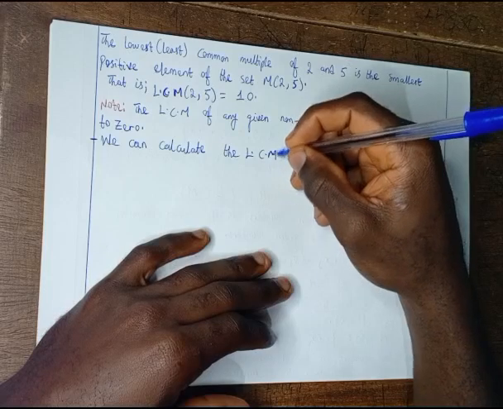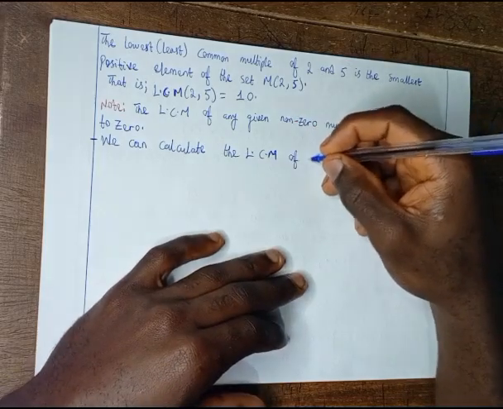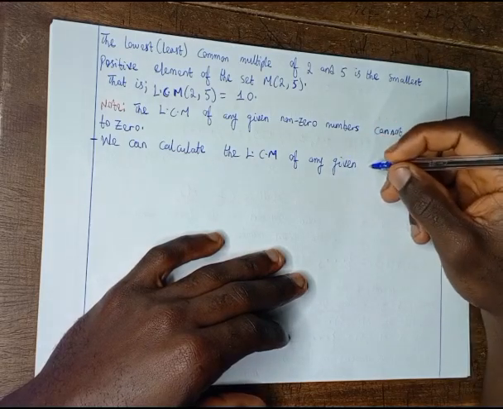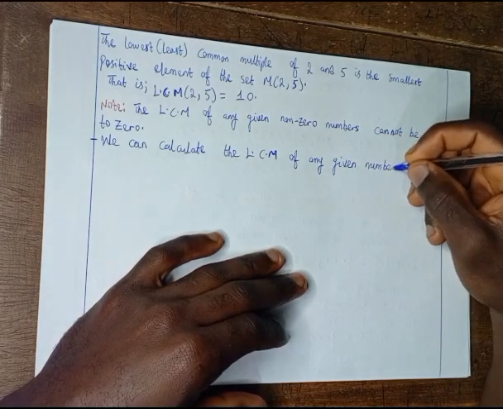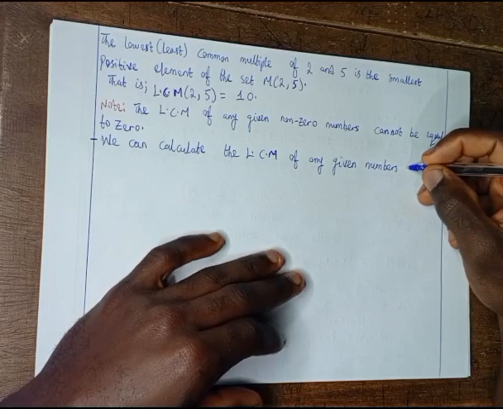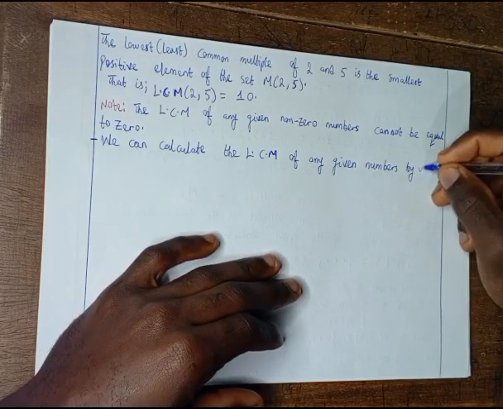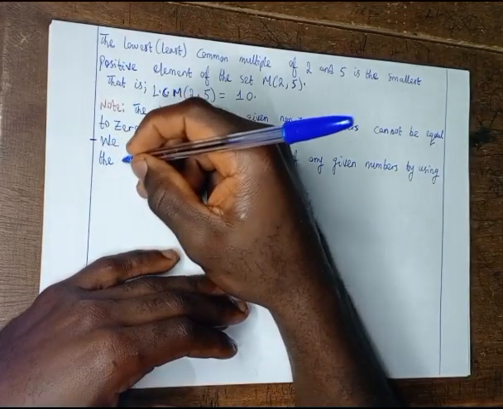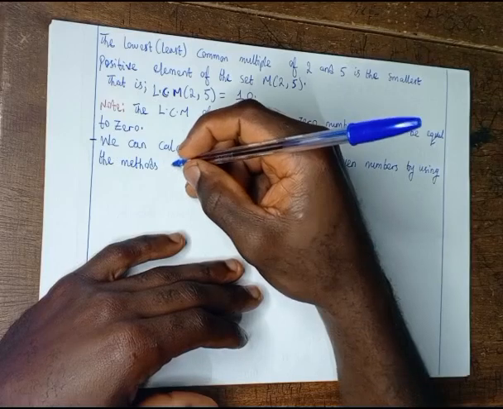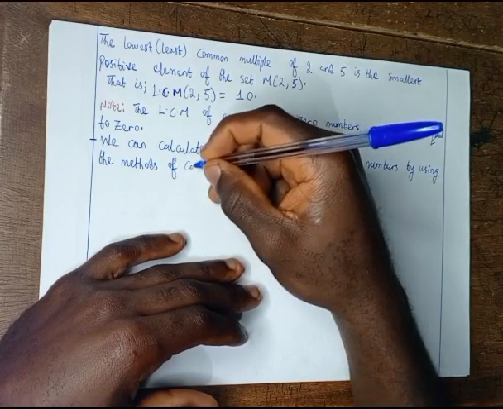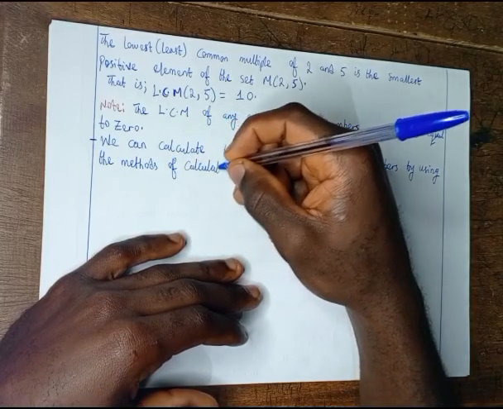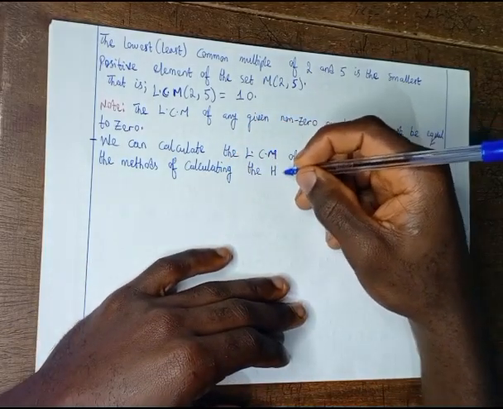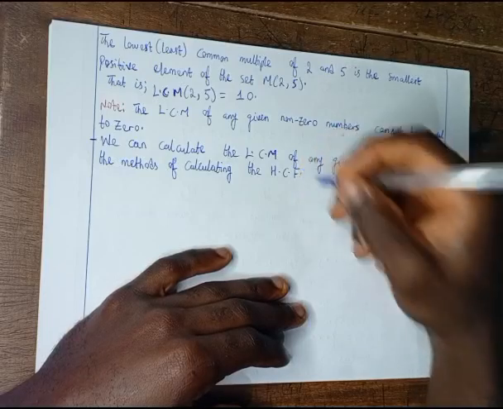We can calculate the LCM of any given numbers by using the methods of calculating the HCF, the highest common factor.